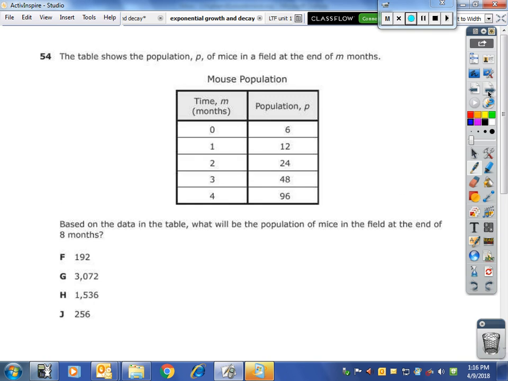All right, I think we have time for one more. Try this one, please. This one is exponential growth, but you could also just continue the pattern. This one's almost easier if you look. They don't tell us what kind of function it is, but I can tell it's not linear. How can I tell it's not linear?